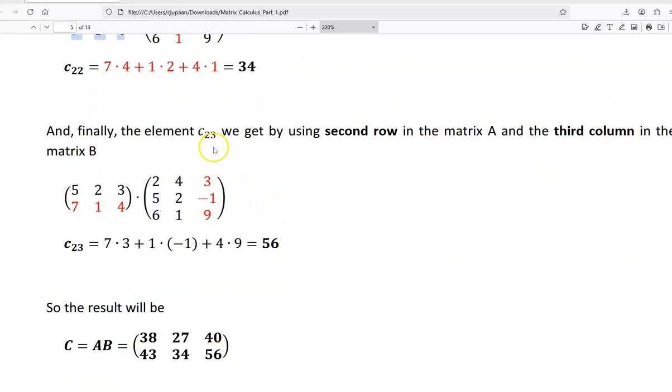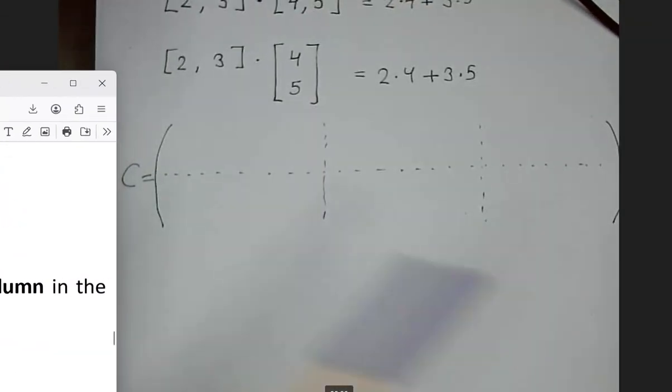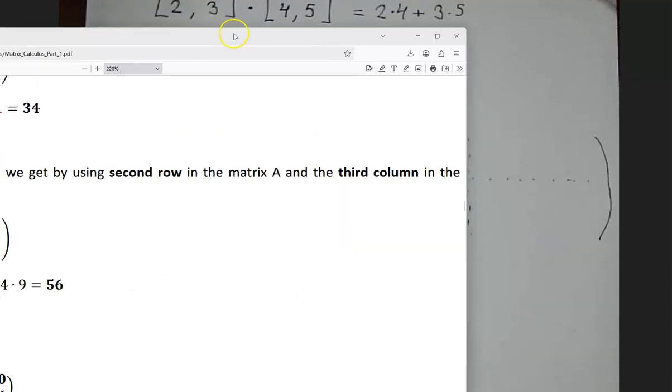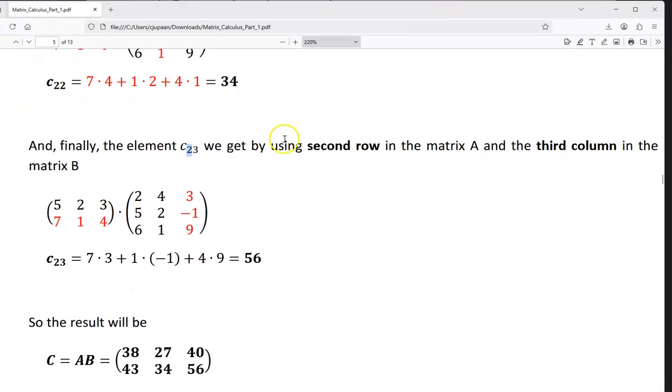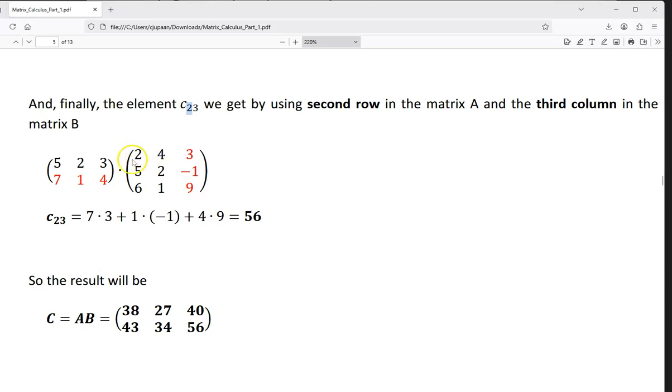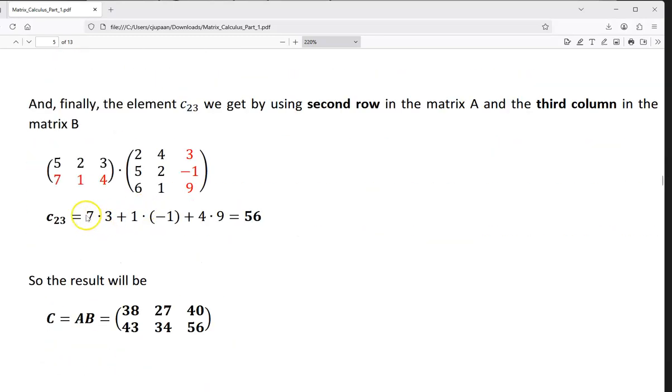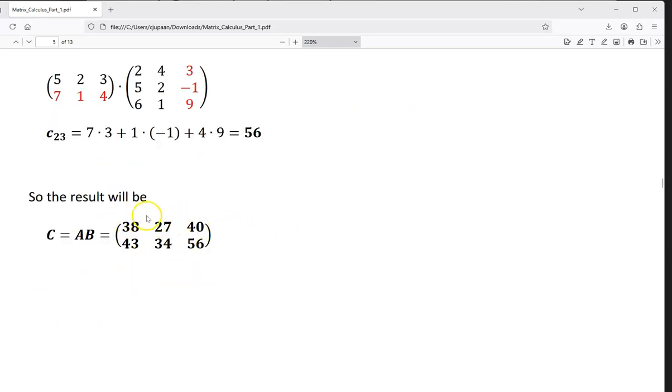And then the last one, C23, or that is the last element of this matrix, second row and third column, we will get from this calculation. Oh, I haven't used the red color here, but the second row and third column, the same multiplication rule. So this will be the result.